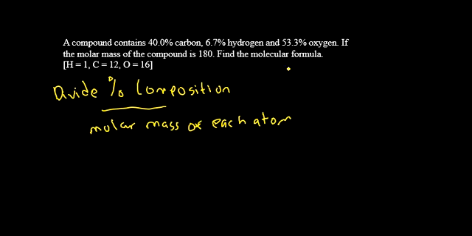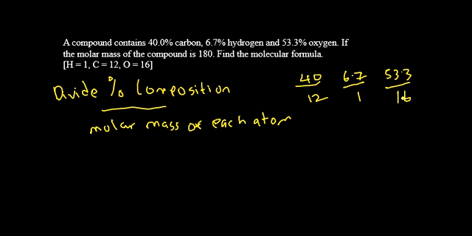Now let's do that. We have 40 divided by, that is carbon, 12. We have 6.7 divided by, that is 1. And we have 53.3 divided by 16.